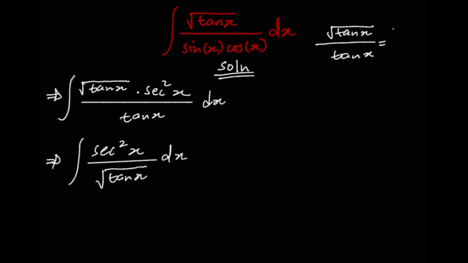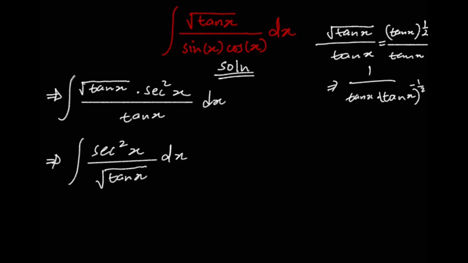So this is the same as tangent x raised to the power of half, then tangent x. By bringing it down, this will give us 1 over tangent x multiplied by tangent x raised to the power of negative half. Remember, when you take this up, the exponent changes to negative, and when you bring this down, the exponent changes to negative.